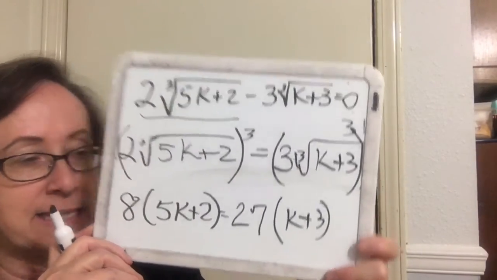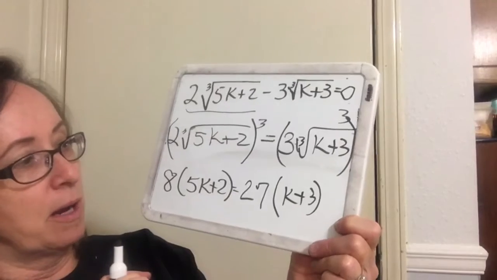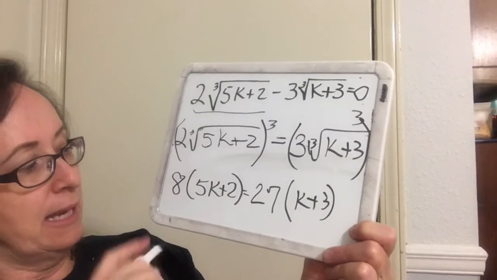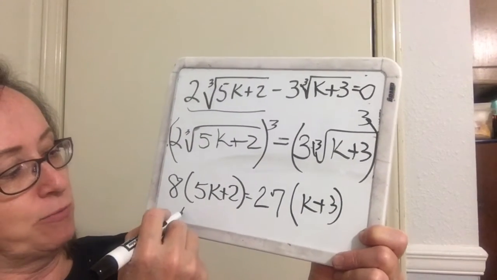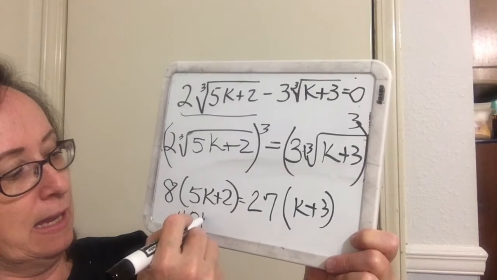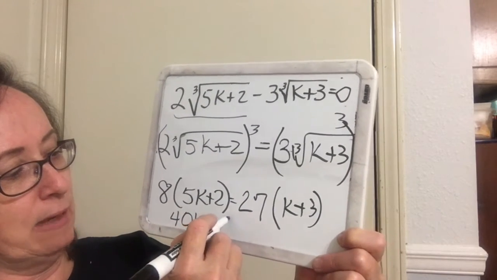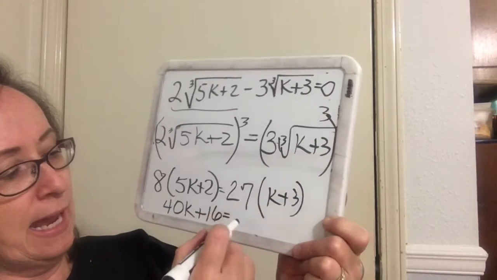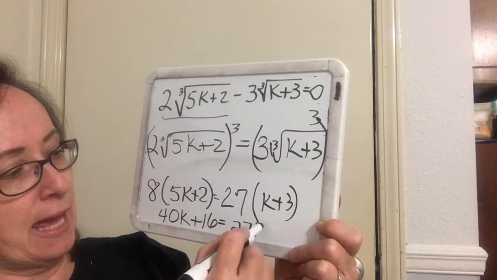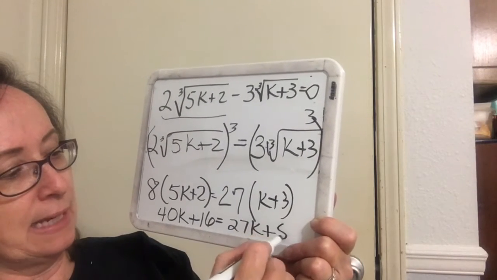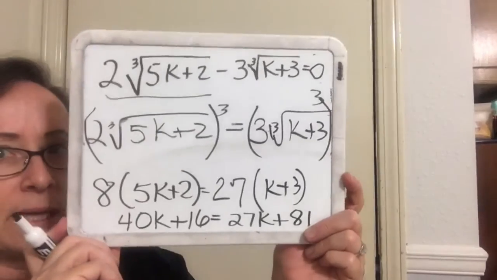So this is the equation that I get. And I'm going to end up getting 40k plus 16 when I distribute that. And 27k plus 81. 27 times 3 is 81.